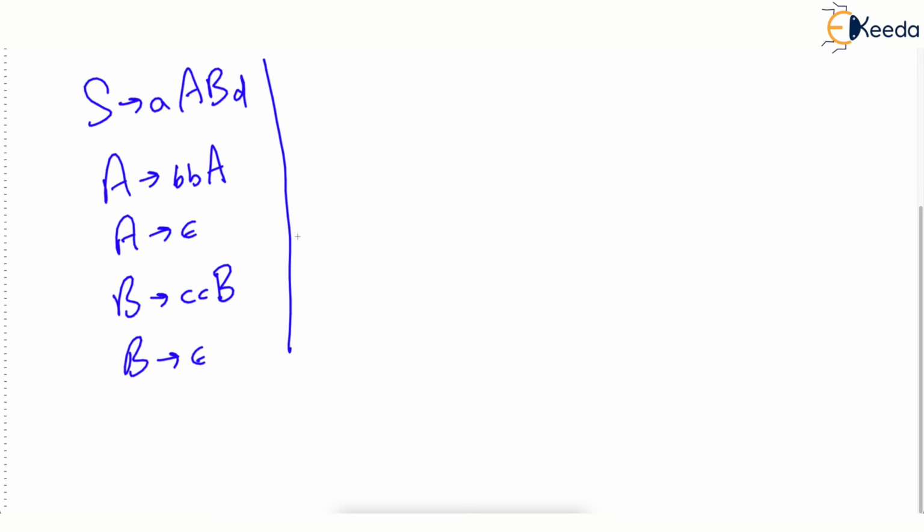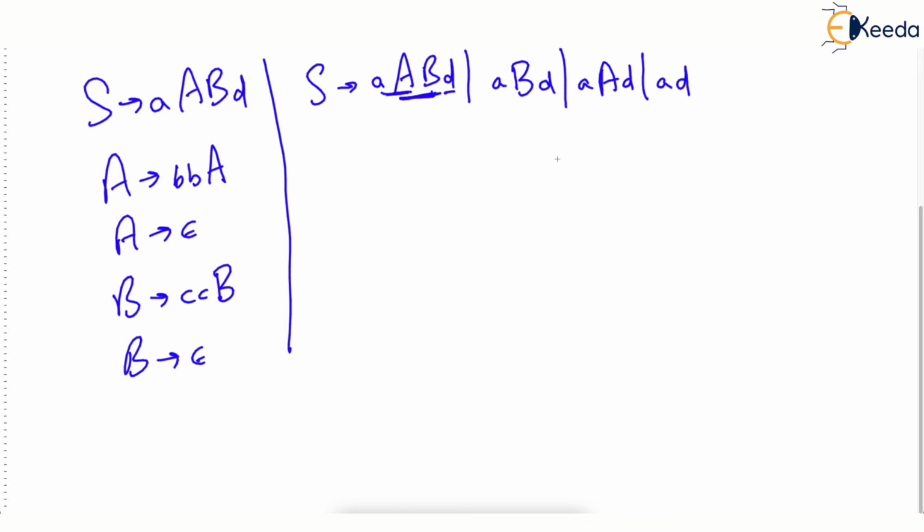The simplified grammar we got was S derives ABD. Listen, A and B are nullable. So we write this once with both A and B as they are. Then we write once without A, then once without B. See, we have removed B now. So what is left out is AD, correct? Once without both.